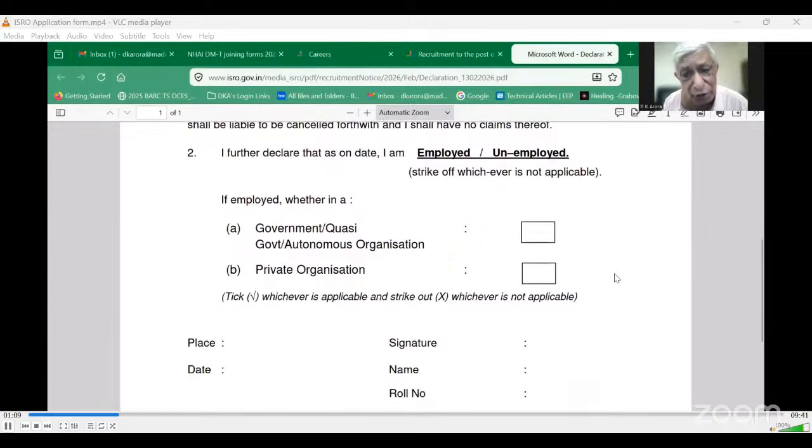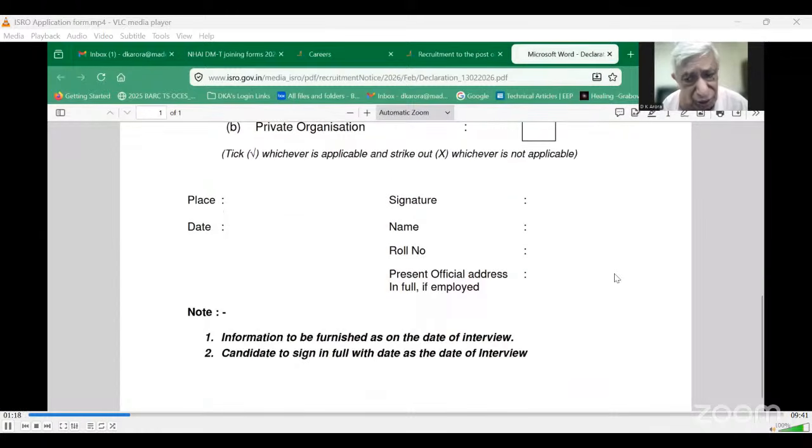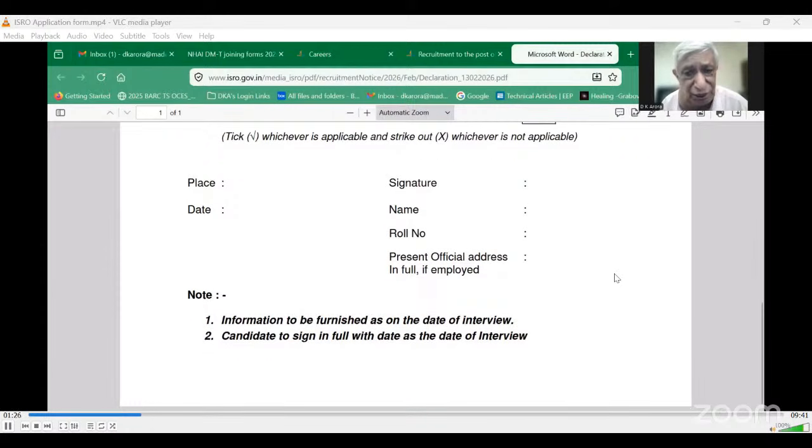If employed, are you working in a government, quasi-government, autonomous organization? If you are, then tick mark that box. Otherwise, tick mark the private organization box. Your name, your signature, your roll number, the present official address, if employed. If you're not employed, then that is not required. Okay. And that's about it.